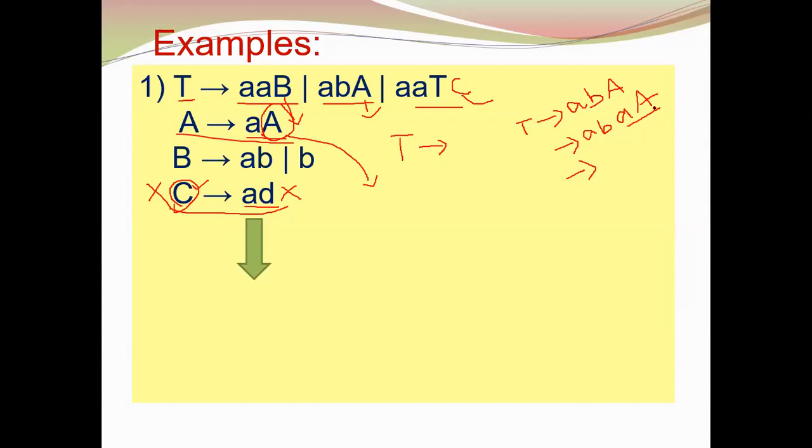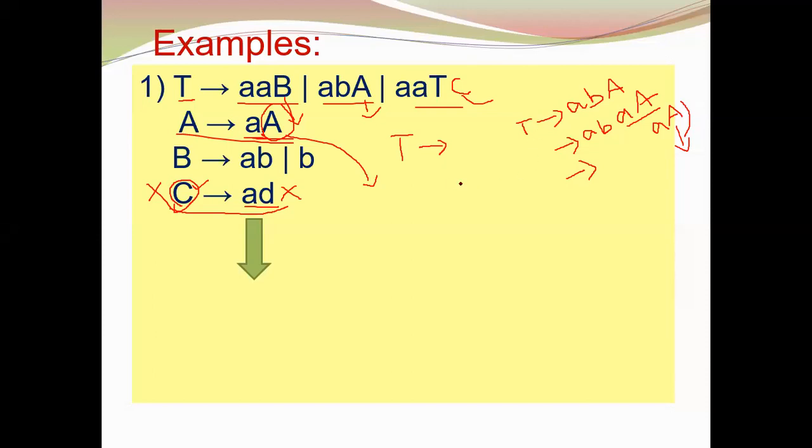Ma'am, again A. Okay, again I can substitute AA. Afterwards it will go on, we can't change it. Yes, this is endless. We can't derive any string from this because this particular non-terminal does not end with any terminal, right? It again ends with a non-terminal. If you substitute again, it is endless only. We can't derive any string.